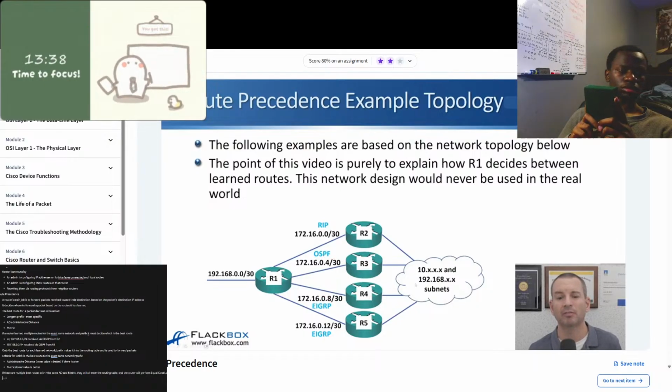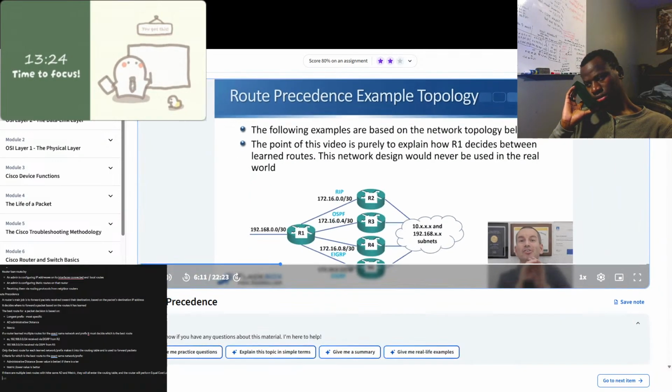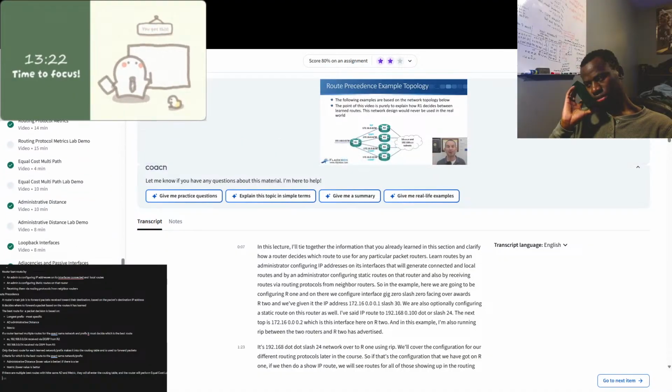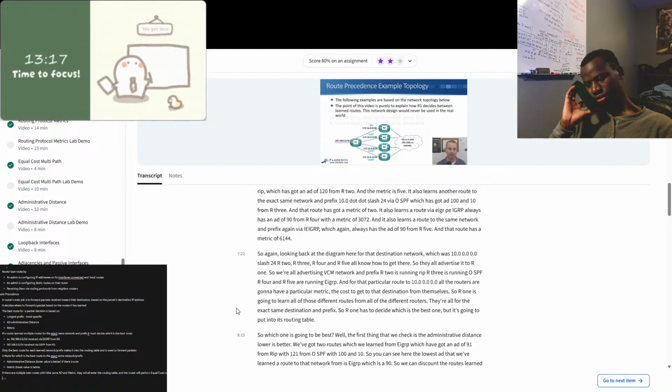You're also going to see that there's a lot of overlapping routes being received. I'm just doing that so that I can clearly explain to you how the routing precedence works. So don't think, why is the network designed like that? In the real world, it would not be. It's a crazy network. I've just done it like that so I can show you how routing precedence works.